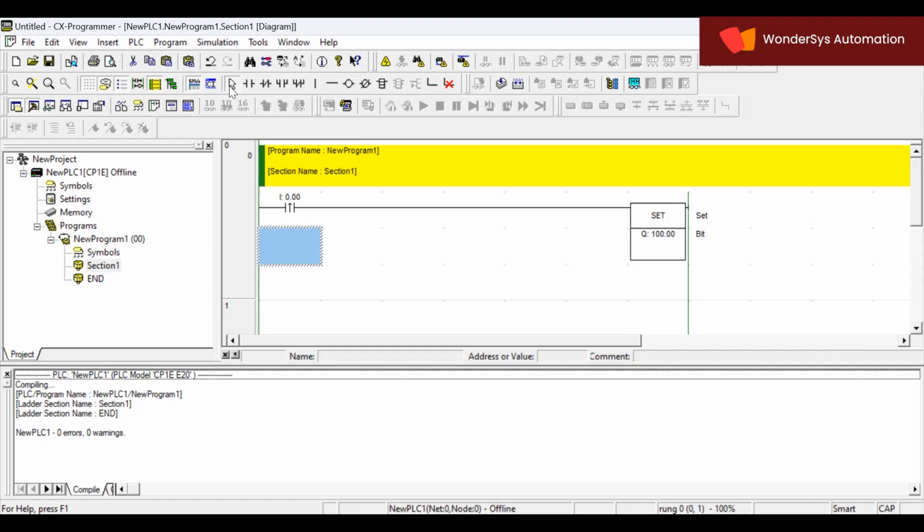So if you have any doubts regarding set, reset, falling edge, rising edge, latching, unlatching, or if you still have confusion in the basic ladder programming, connecting parallel and series, please check everything once. Then we'll go for the timers.